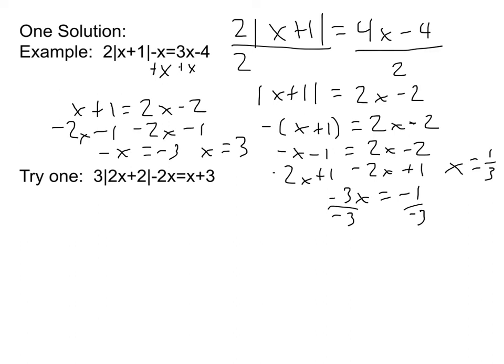Okay, and then you just plug it in and see, does your answer actually work? So if we plug the 3 in, 3 plus 1 is 4, times 2 is 8, minus that 3 on the outside is 5. Is that equal to 3 times 3 is 9 minus 4? Yep, 9 minus 4 is 5, so that one works. If we plug in 1/3, we would get 4/3 times 2 would be 8/3, minus 1/3 would be 7/3.